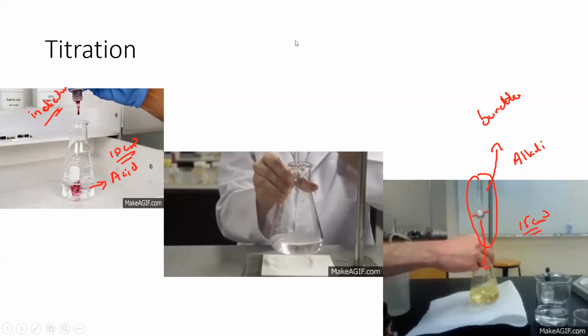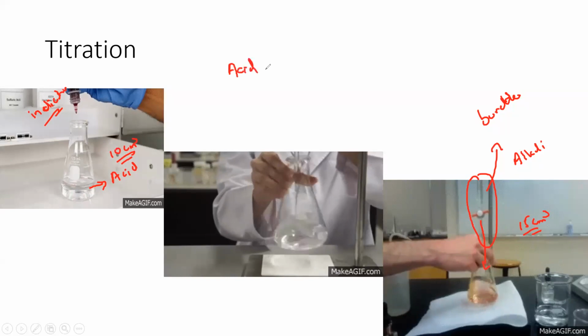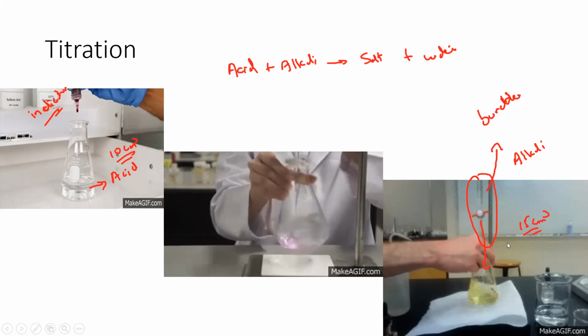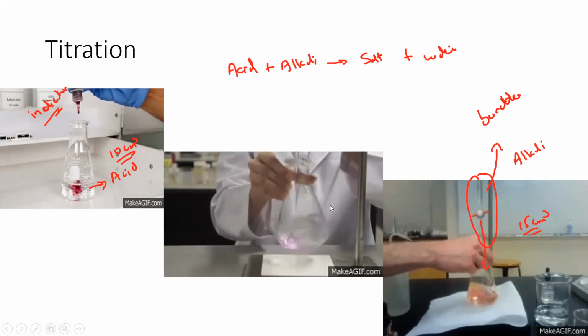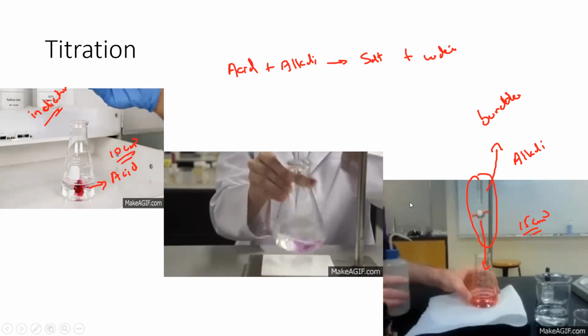It means the acid is completely used up, because when an acid reacts with a base, it forms salt and water. So originally we have acid, we add drops of indicator, then we add alkali from the burette and swirl the mixture for thorough mixing.